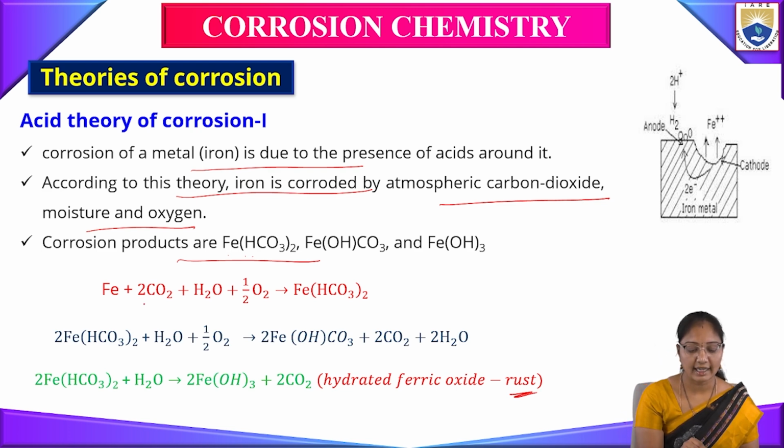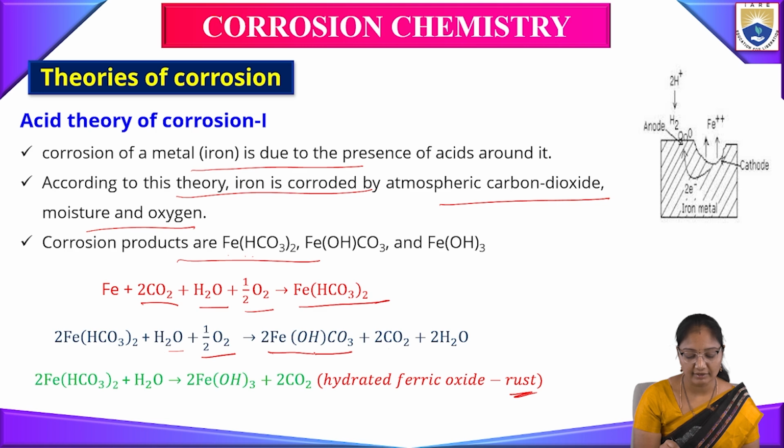So the iron reacts with 2 carbon dioxide, H2O and half O2, resulting in the formation of Fe(HCO3)2. This reacts further with the water molecule and half oxygen, which gives 2 FeOHCO3 plus 2 carbon dioxide molecules and 2 water molecules.